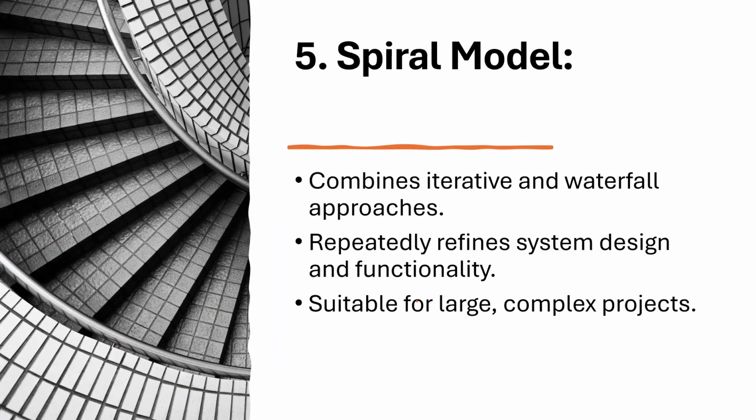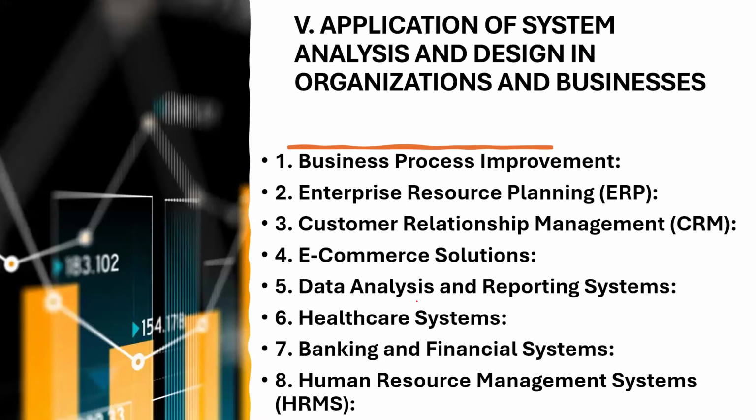In the spiral model, it combines the iterative and waterfall approaches and repeatedly refines the system design and functionality, suitable for large, complex projects. All right. So in most big companies or big organizations, they use the spiral model for that.